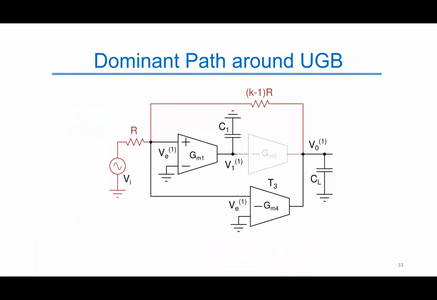It is noteworthy that since the UGB of the loop gain is set by the bottom path, the contribution of the current emanating through GM3 to the total output is negligible with respect to that emanating through GM4. From this argument, it also follows that if both these transconductors have similar distortion characteristics, which is possible if the transistors are biased at similar overdrive voltages, the distortion of GM3 can be neglected when compared to GM4.